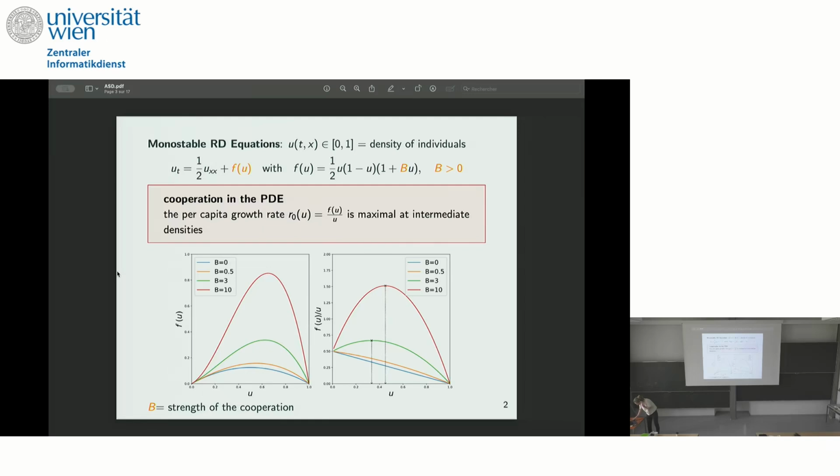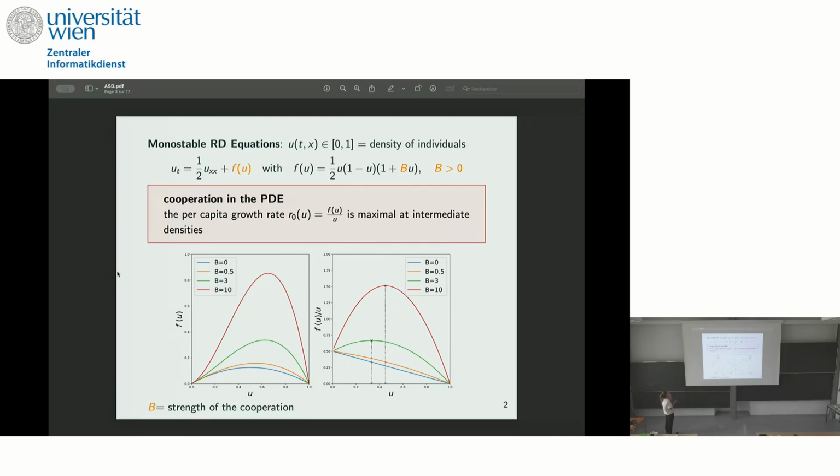So, the standard deterministic approach to tackle this problem is to consider an FKPP reaction-diffusion equation that governs the density of individuals in the environment, that I will denote by u, where u(t,x) is the density of individuals at location x at time t.